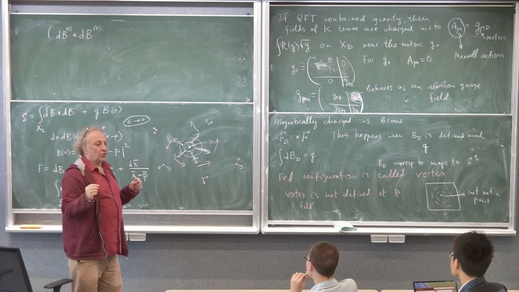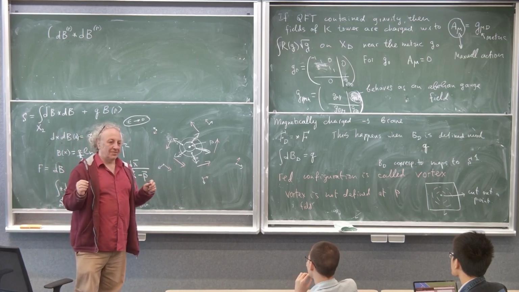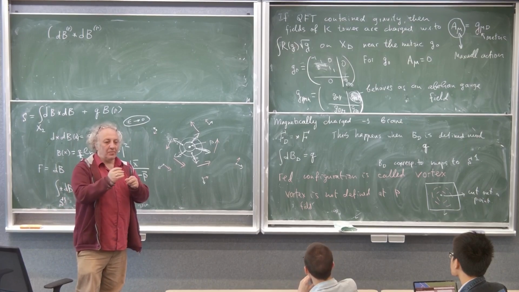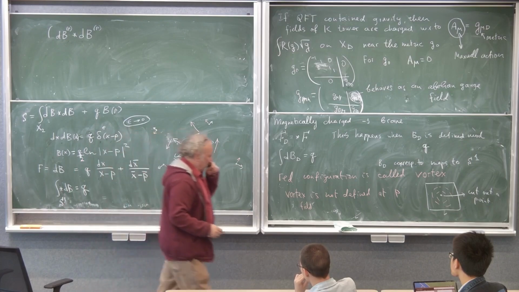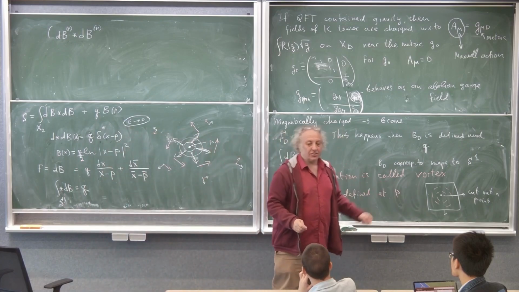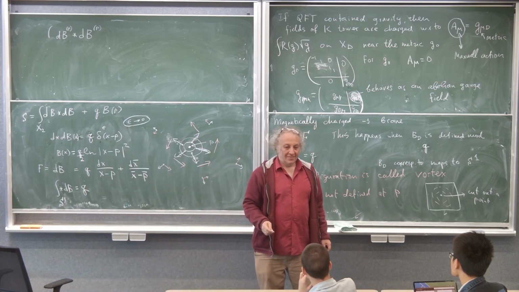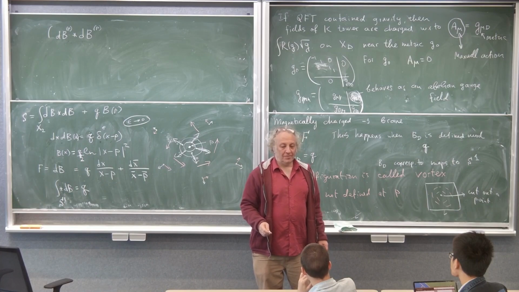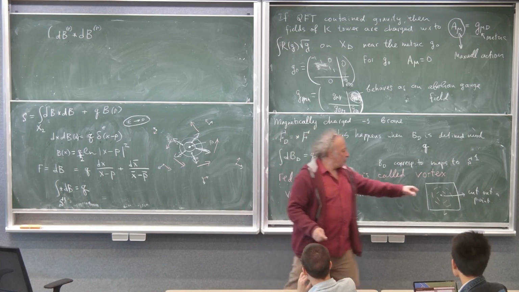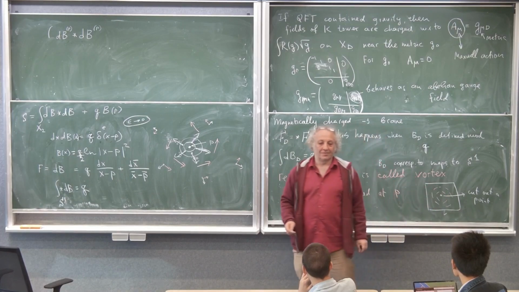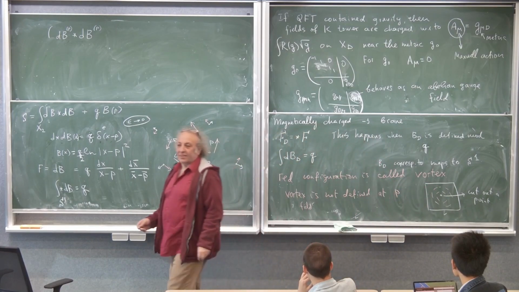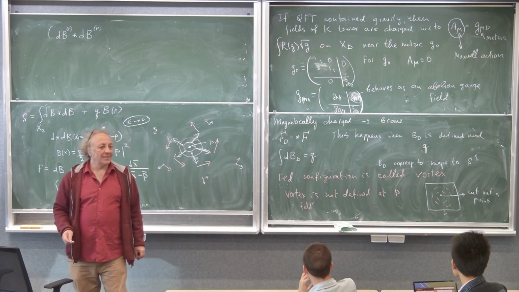And this is the story with electric charges. You can smoothen them and then gradually take them to zero. In the case of magnetic charges, you cannot smoothen them, because if you can smooth them, then you can contract. And here, it's a topology.